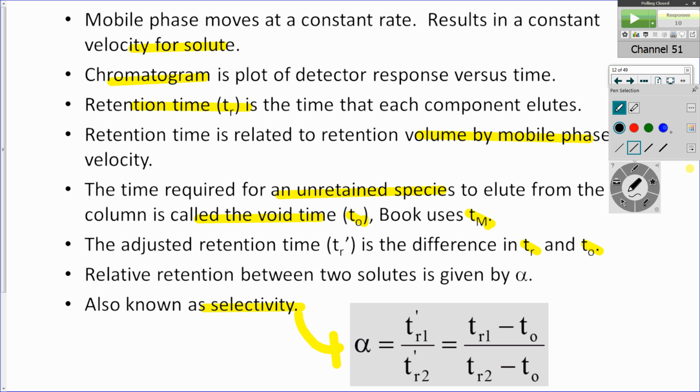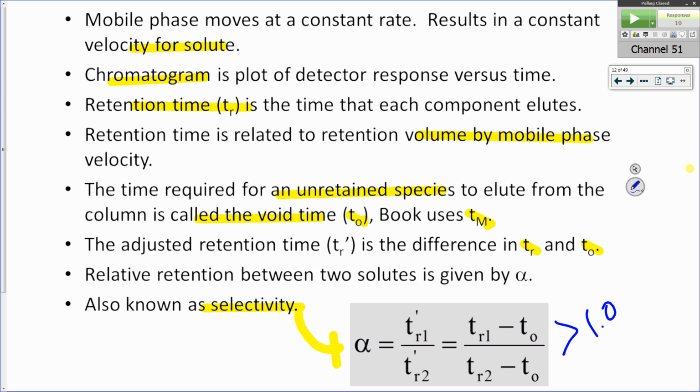So we put the last eluting one on top when we define these things. So it's the retention time of the last eluting, less t naught, divided by the first one, less t naught.